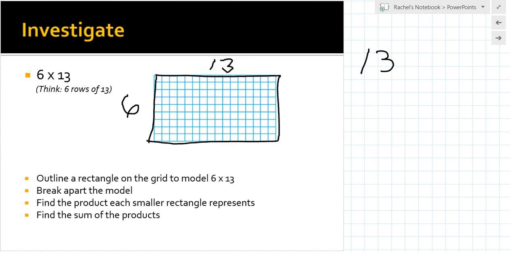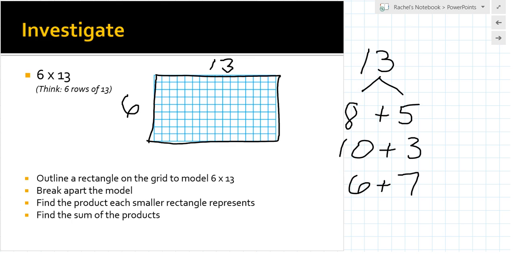So thinking of 13 and how we can break it apart into 2 smaller pieces, it could be 8 and 5, 10 and 3, 6 and 7. There are several different ways students could break apart this grid. So for the first one, let's assume that they broke it up into 8 and 5.